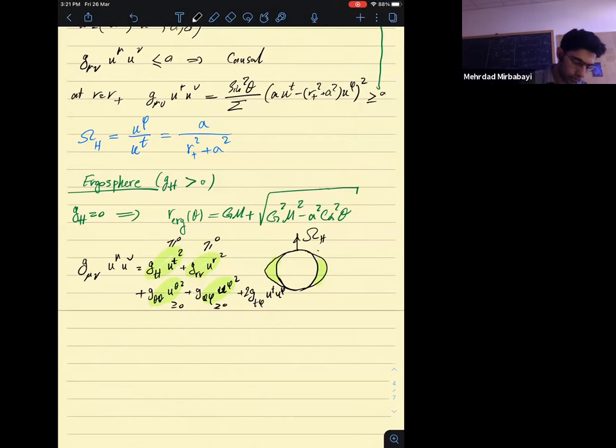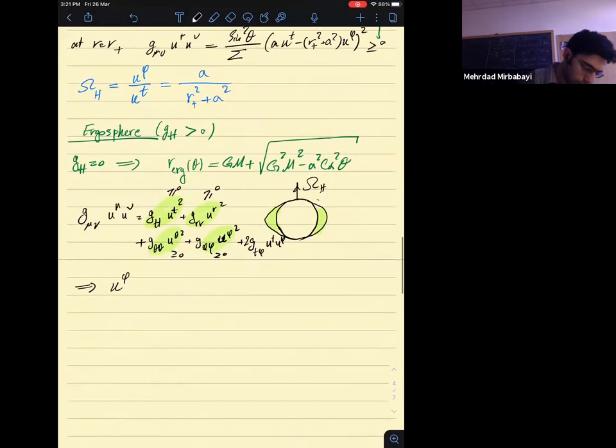So in order for this full normalization to be non-positive for a causal curve, we need to have U phi non-zero and actually positive for my choice of sign of A. So if I take A to be positive, then we need to have U phi larger than 0 for time-like curves, or for all causal curves.